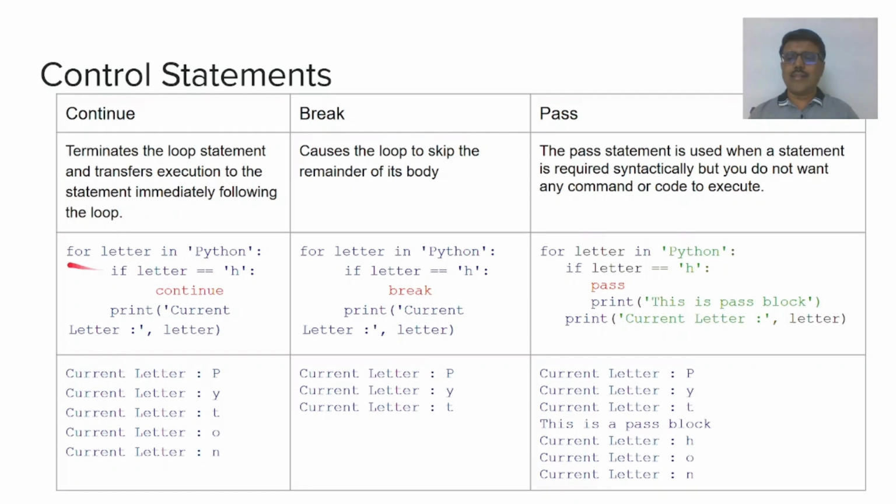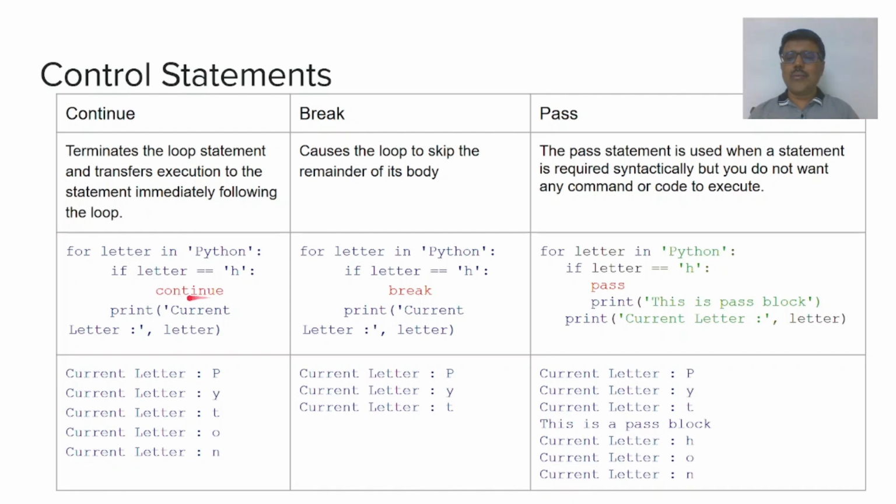So let's take an example here. By now you are all clear, right? For letter, I mean any variable, in Python, I have a word called Python. Inside the for loop I can also use conditional statements. Now if letter equals h, I'm saying continue.